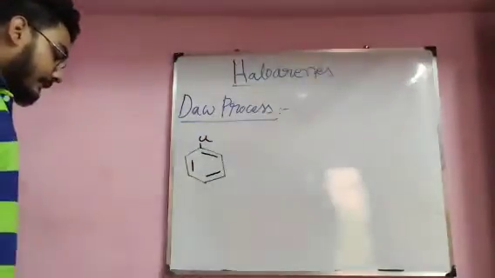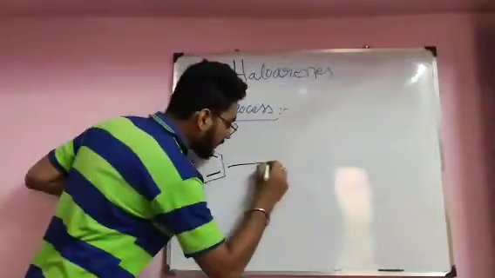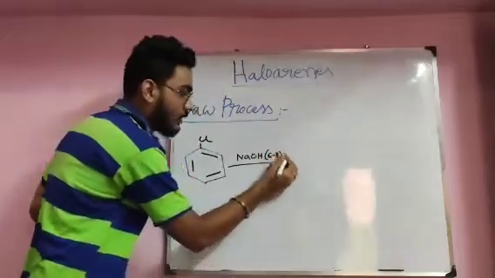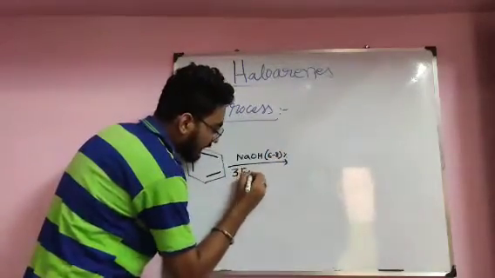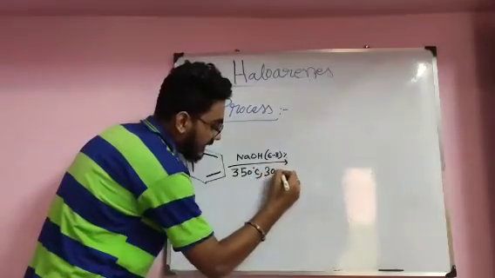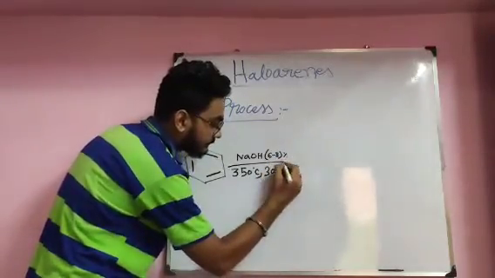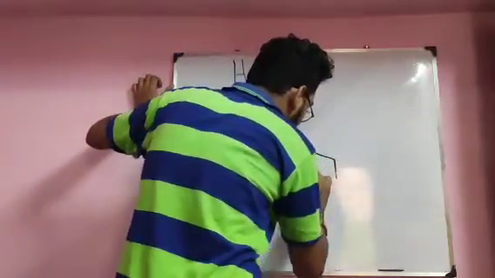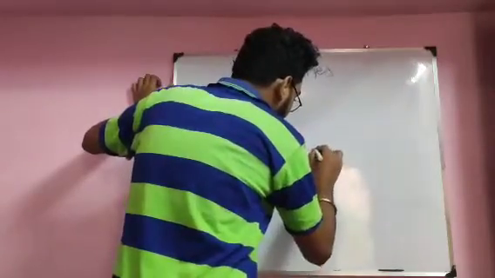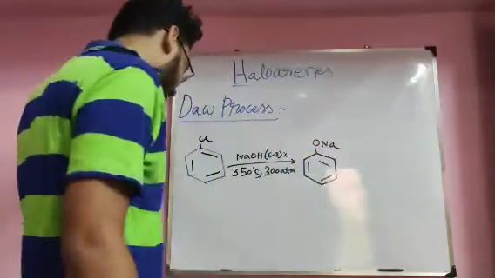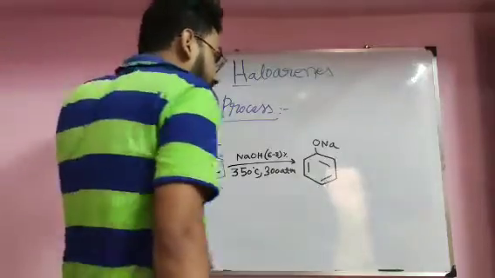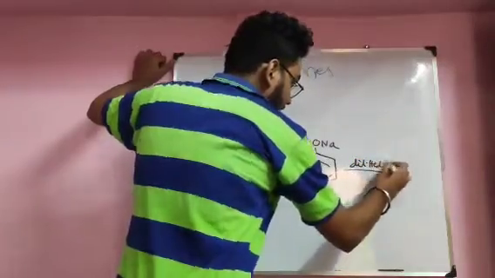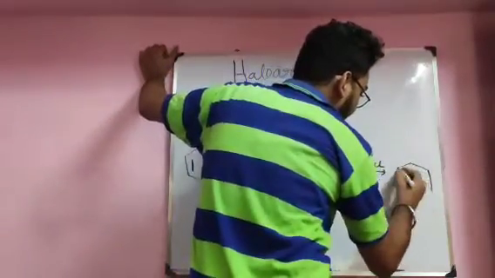Hydrolysis is done with H2O or dilute HCl, and the product formed is phenol.